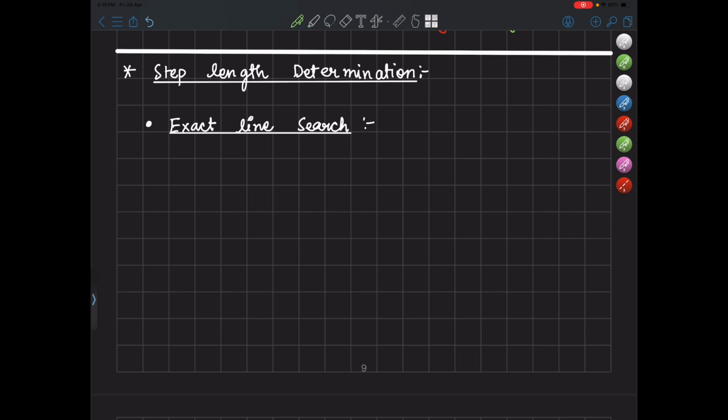So in this method, given a descent direction dk, we determine alpha k by solving the following optimization problem.